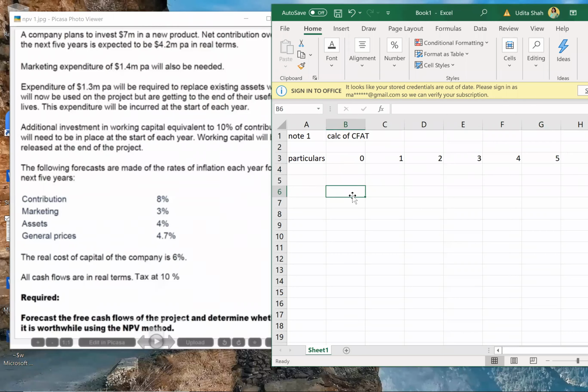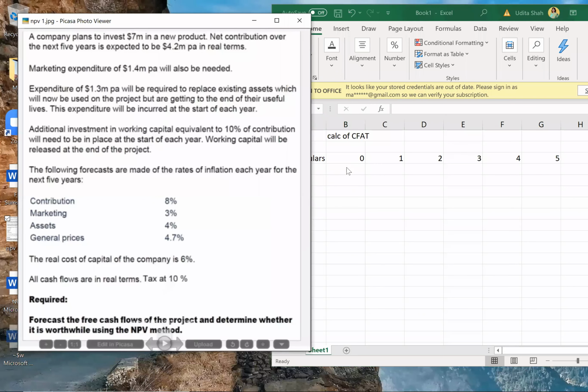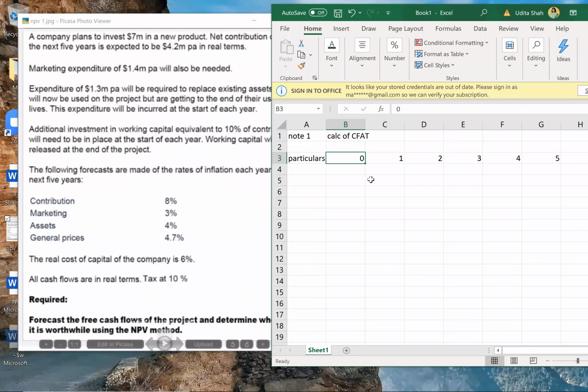Because the asset replacement expenditure of 1.3 million per annum will be incurred at the start of each year, if it is at the start of each year, it means year one's expenditure we'll have to write in year 0. So that's why in CFAT also I have put up a year 0 column.